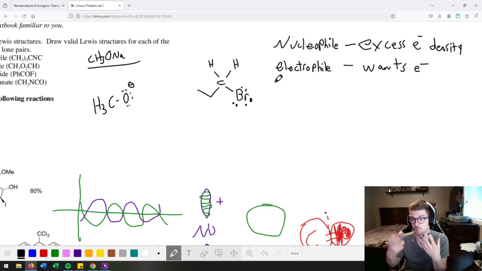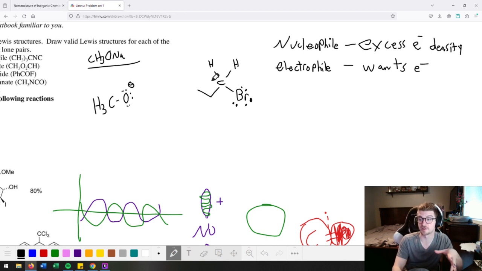It's got more protons in it, and so it's going to have more attraction for electrons. So that means in a bond like this, the carbon is less electronegative, so it does not pull as hard on the electrons around it as a bromine does.